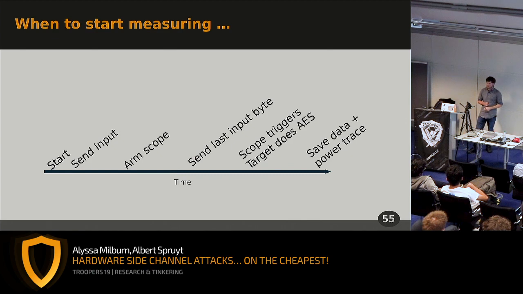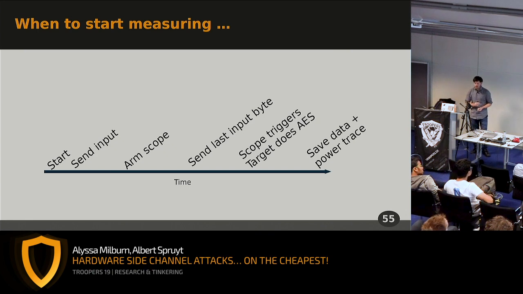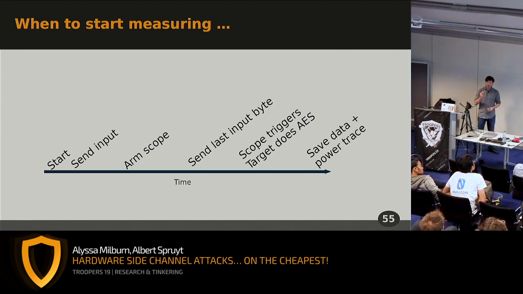If we were to build a Python script to tie that all together, a loop iteration would look something like this. We start our loop iteration. We send most of the input. After we send most of the input, we tell the oscilloscope to get ready. And when it's ready, we send the last byte of input. This will do two things simultaneously.